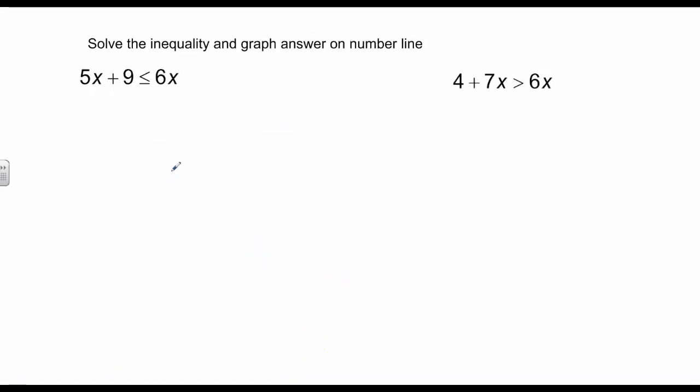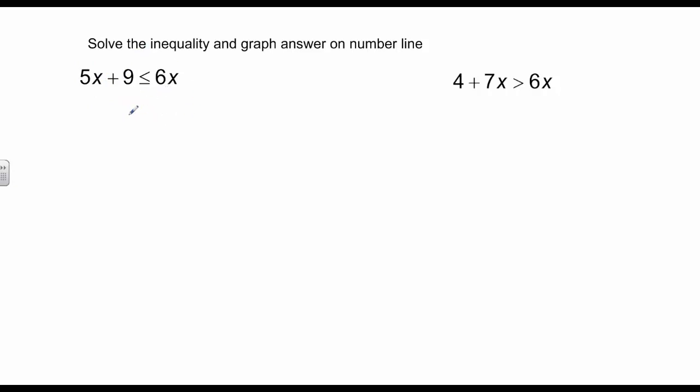Let's do a couple more. Now, you'll notice in both these situations, we have variables on both sides of the inequality. And for today, and probably today only, I'm going to ask you to do this. Anytime you have variables on both sides, when we add and subtract, we are going to try to keep our variable term in the end positive.